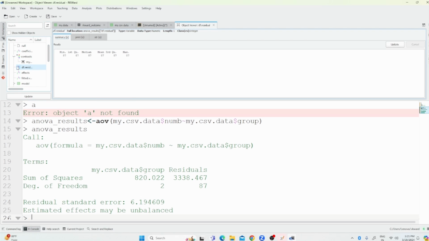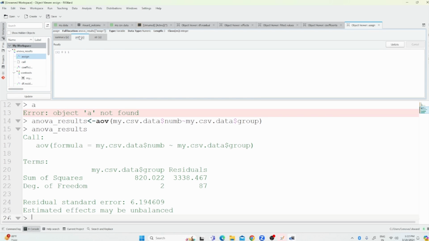As you can check here, degrees of freedom, the quartiles, the residuals, the effects, the fitted values, and the coefficients. In this way, we can save the results of an ANOVA table.